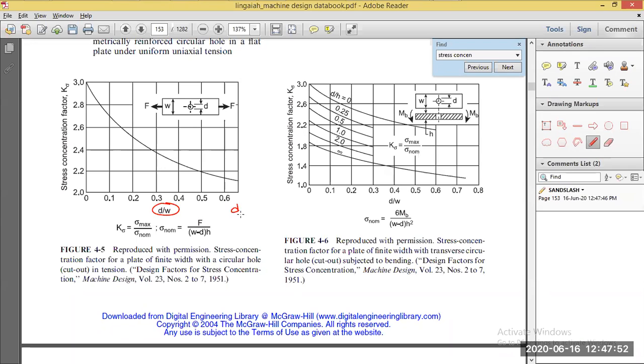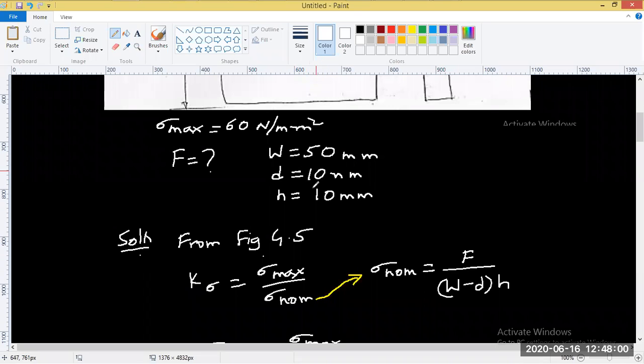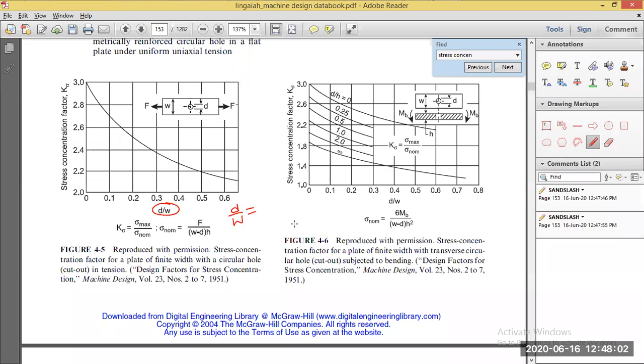So d by w is equal to what? d is from the data, it is 10, and w is 50. So d is 10 by 50. If you cancel out, you get 1 by 5.